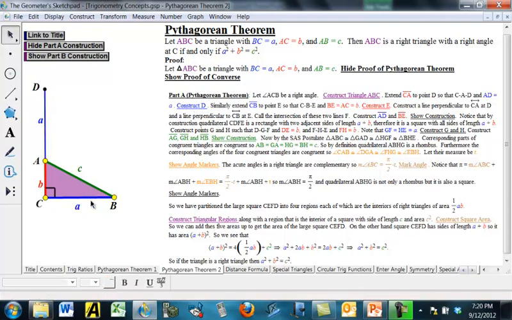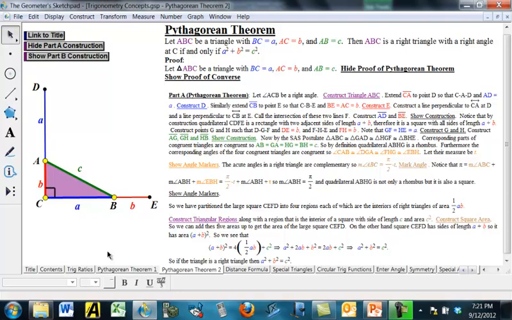Now we're going to extend out CB a distance b out to a point E. And so now we have a right angle here from D to C to E, and the distance from D to C is a plus b, and the distance from C to E is also a plus b. So we've got ourselves basically two sides of a square.